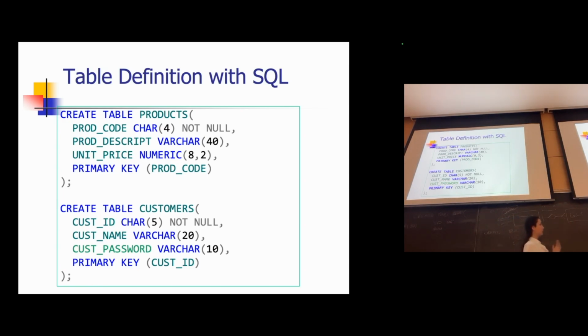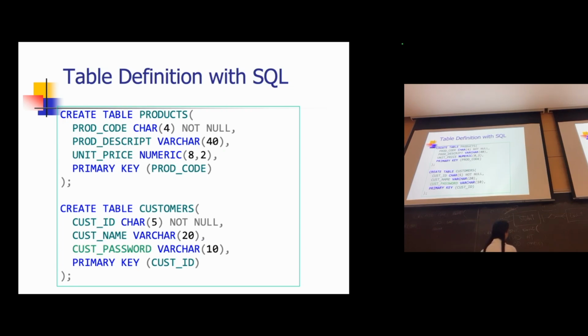So if I'm going to create the enrollment table now, so if this is an enrollment table and I have a student ID, right? I have course ID, and let's say this is char 5, right?